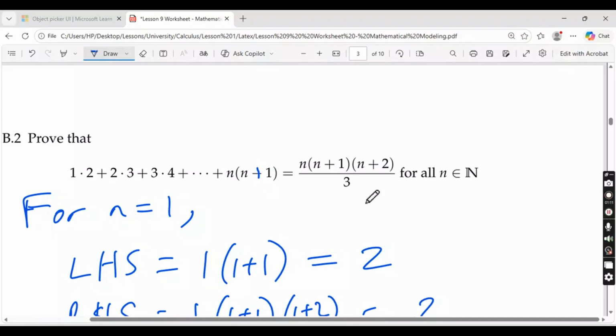It's going to be k plus 1 times k plus 1 plus 1 times k plus 1 plus 2, all over 3.